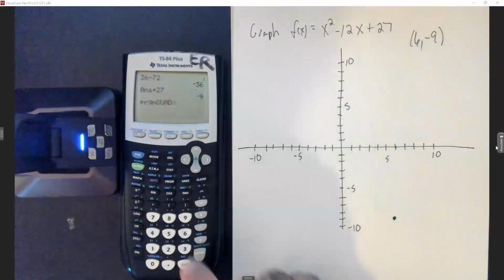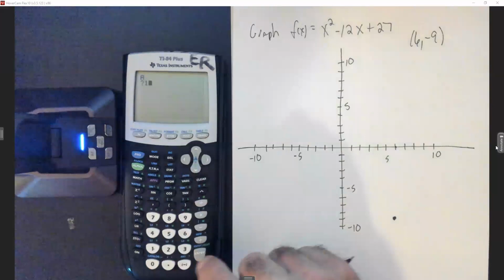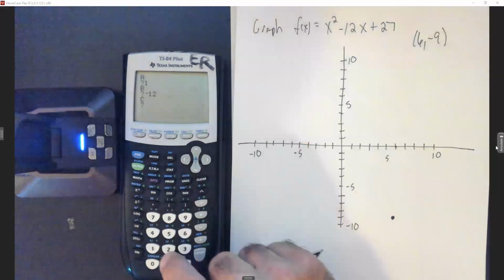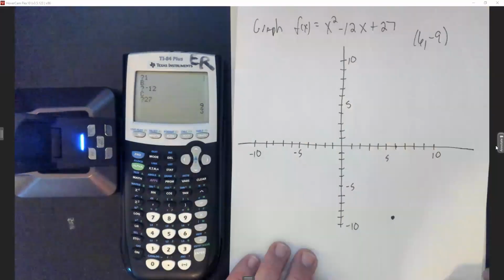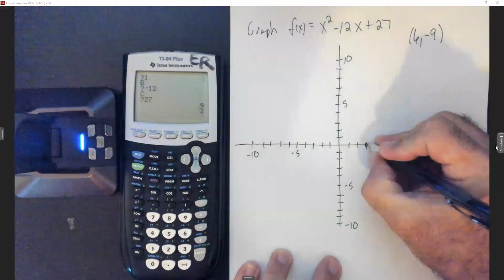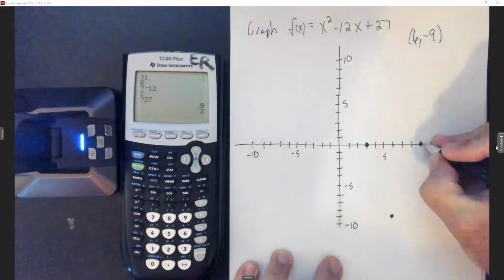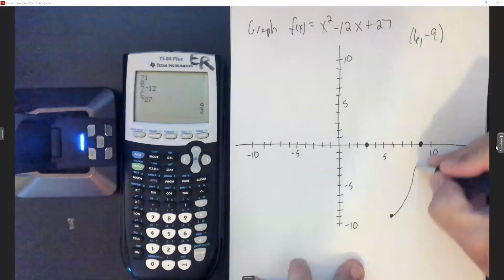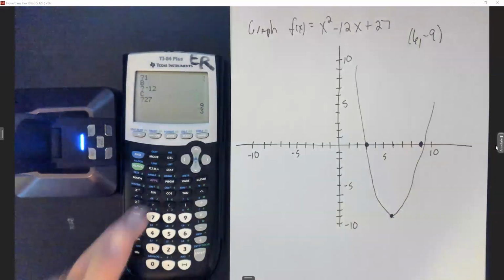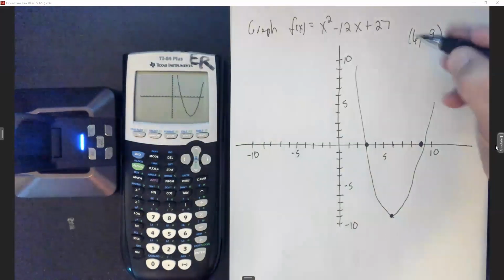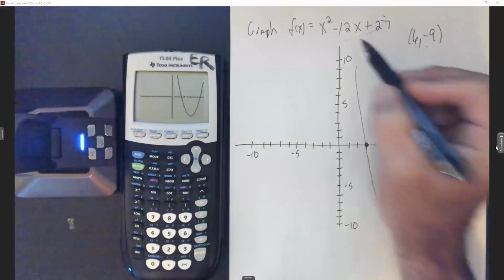So A would be a 1, B would be the -12, C would be 27, and when I hit enter, it'll give me my x-intercepts, which are 9 and 3. That means it's crossing this x-axis at the 3 and at the 9 here. And y'all, once you do that, it would let you draw your parabola right up through there, okay? And then if we look at our graph, pretty close, okay? So use your vertex for 1 point and then just solve that to get 2 more points.